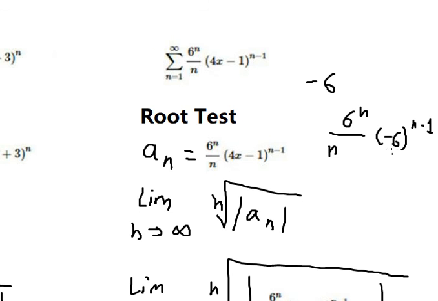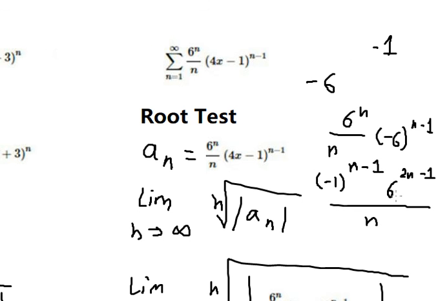You can get negative 1 in here, so I will put negative 1 to the power of n minus 1, and you get 6 to the n minus 1 over n. So this one is divergent.